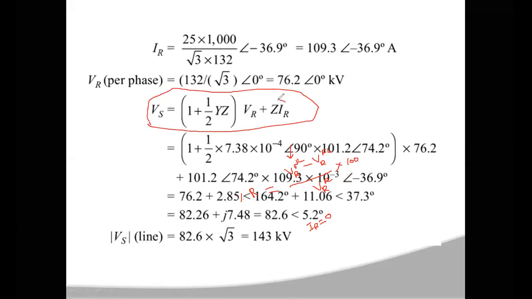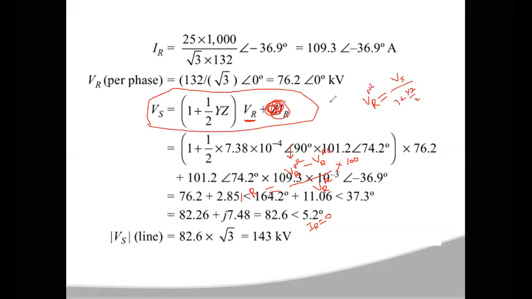Under no load condition, this IR will become 0, so this total value will be 0. So then the VR is equal to Vs by 1 plus Yz by 2. So this is VR under no load condition.